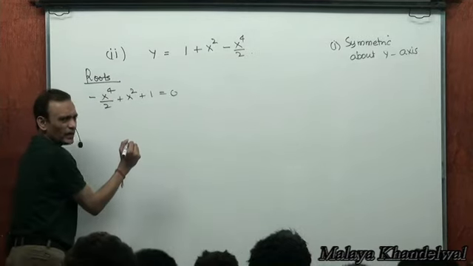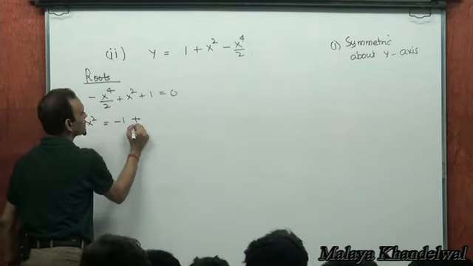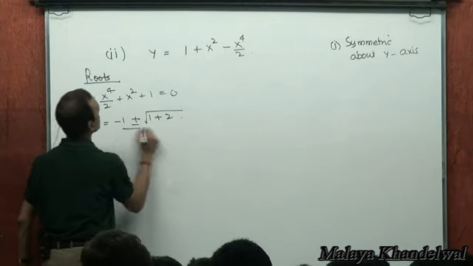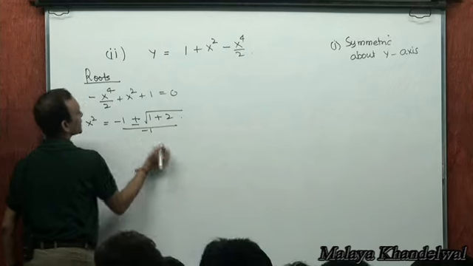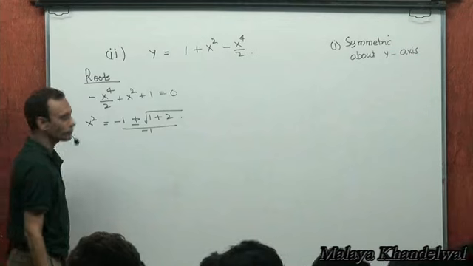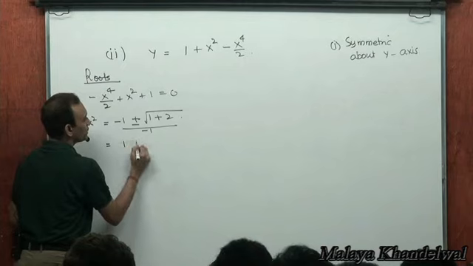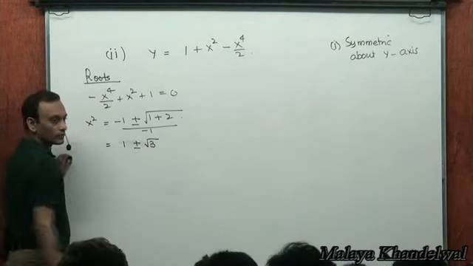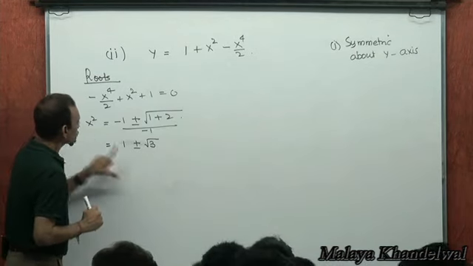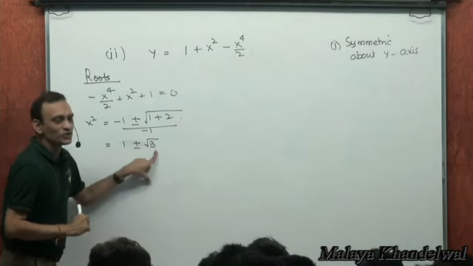It's a quadratic in x squared, so x squared would be minus b plus minus root b squared plus 4ac by 2a, which is minus 1 plus minus root 3. x squared cannot be 1 minus root 3, because 1 minus root 3 is negative.